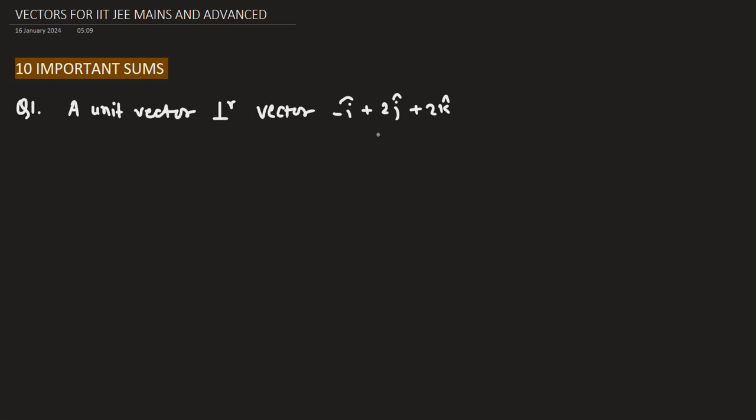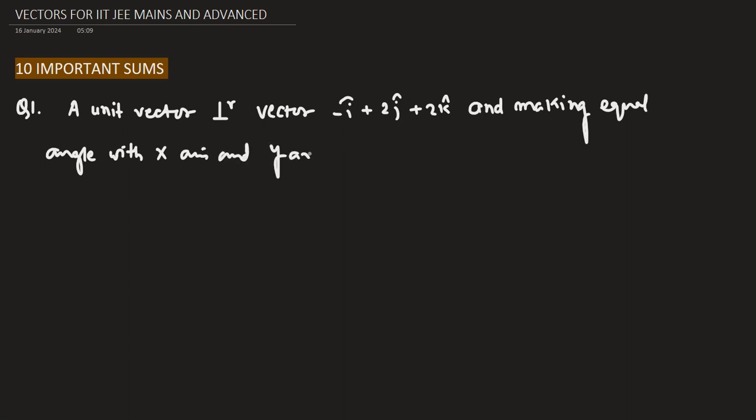One unit vector is perpendicular to this and making equal angle with x axis and y axis. Now find that unit vector.